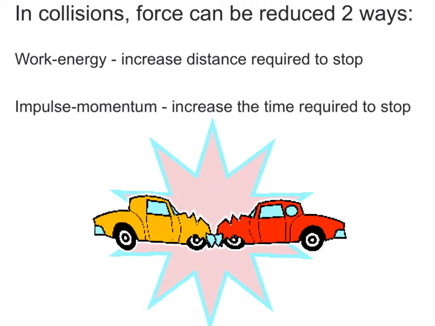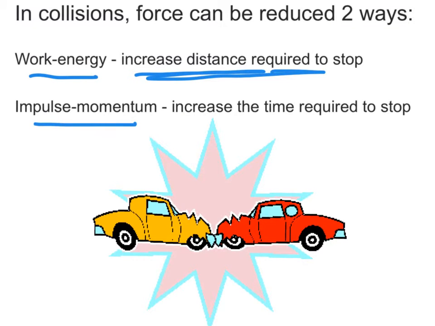So to review things we've talked about, in collisions, force can be reduced in two different ways. In previous sections, we talked about work and energy. We can increase the distance required to stop, and that decreases the force. Or in this section, we talked about impulse and momentum.